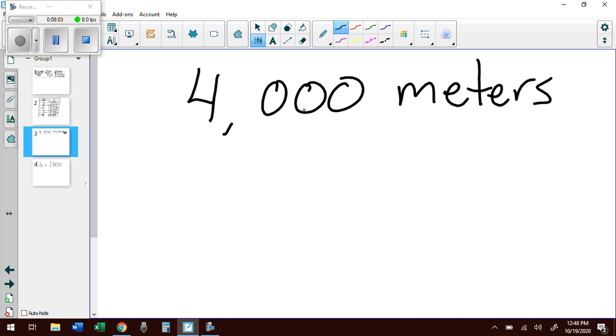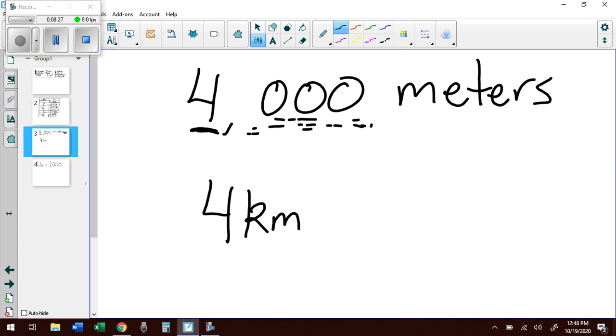Ones, tens, hundreds, thousands. How many thousands are there? 4. So I would have 4 kilometers and what else? The rest of these are meters. Do I have any meters? No, I have 0 meters.